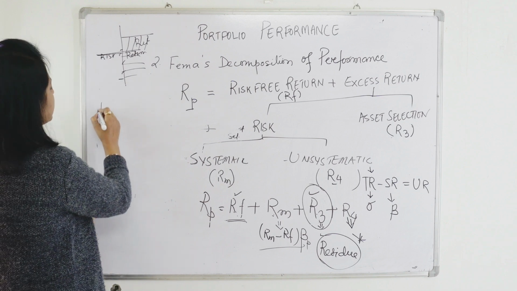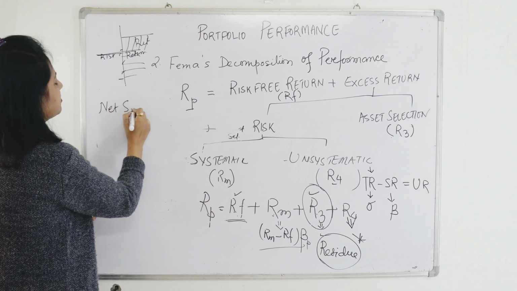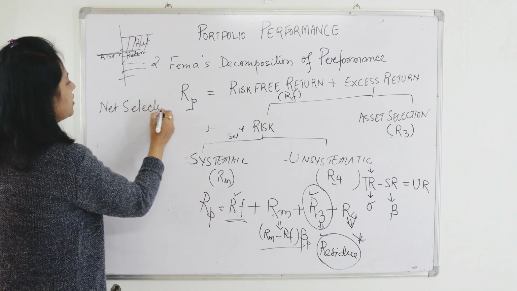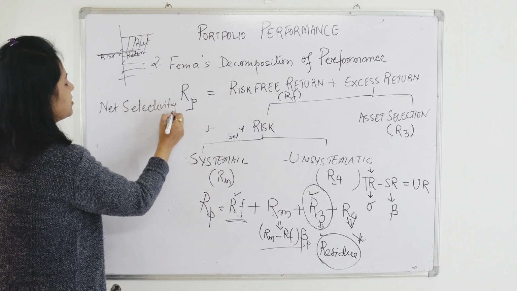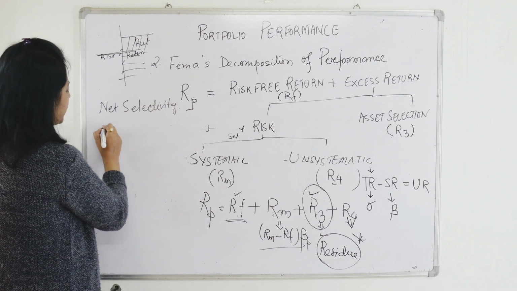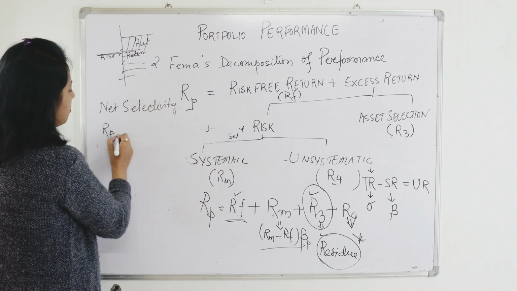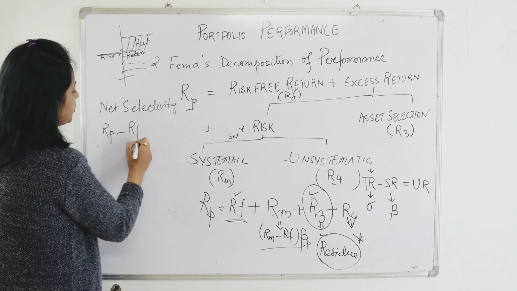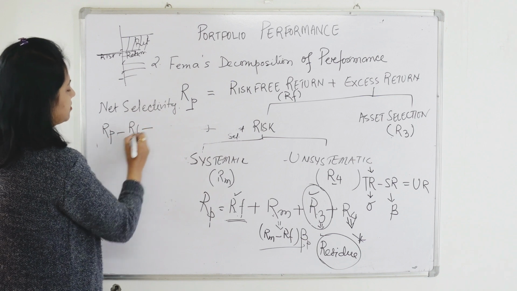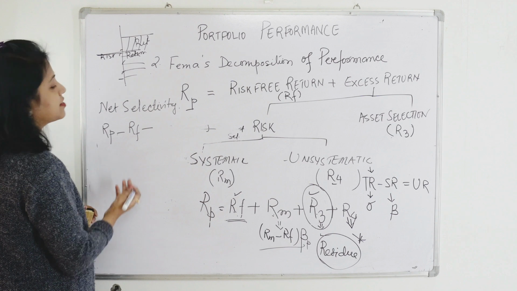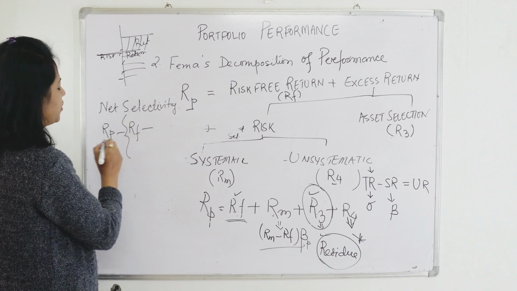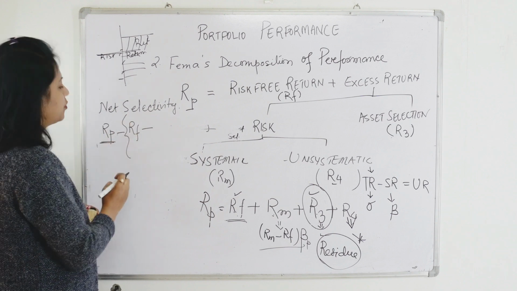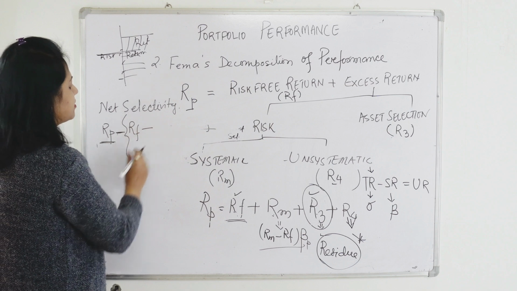Now there is another concept called net selectivity, Fama's net selectivity. It says that you take the return you are getting in the portfolio, minus the risk-free return, minus the return for the risk that you have taken. Please try to understand this. What is your total return of the portfolio? From there you are subtracting certain things.